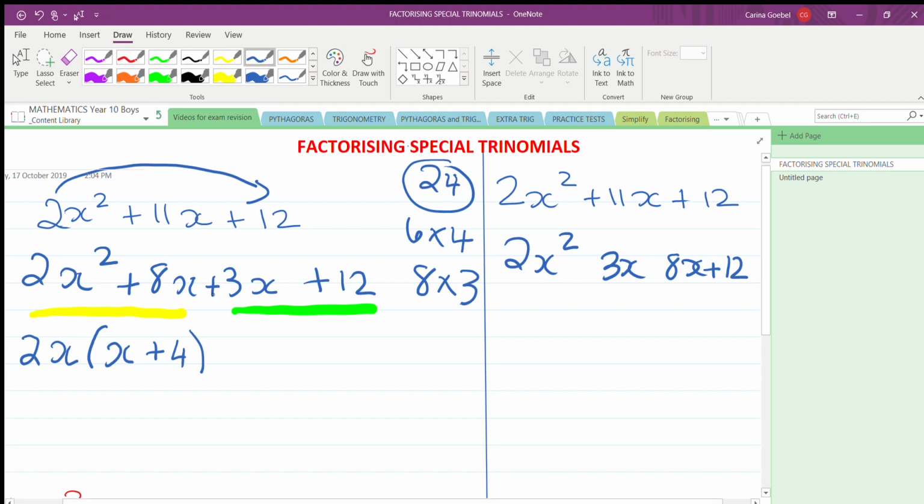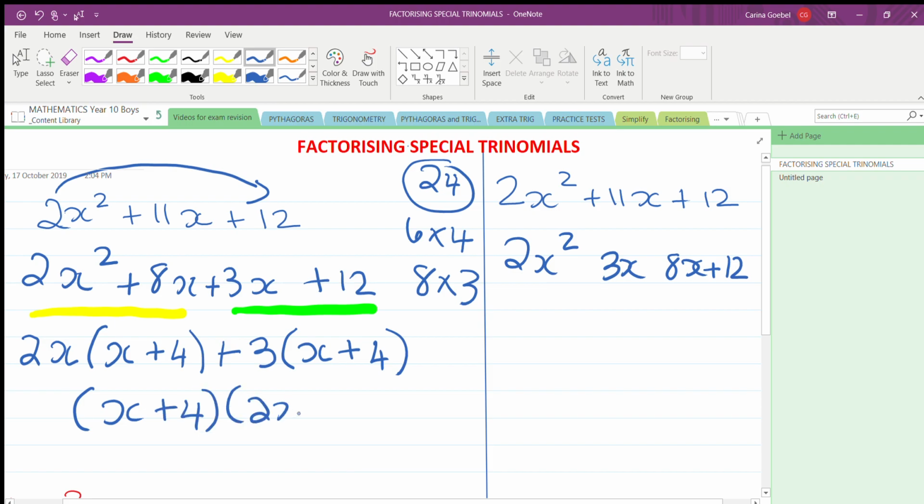So you have plus, the common factor for 3 and 12 is 3, which means you have left over x plus 4. You know you've done this correctly when both your brackets are identical. So that means you have a common bracket of x plus 4 left over 2x plus 3.